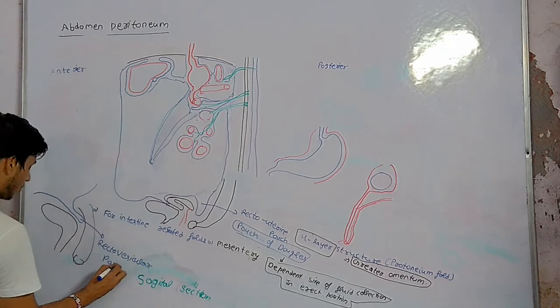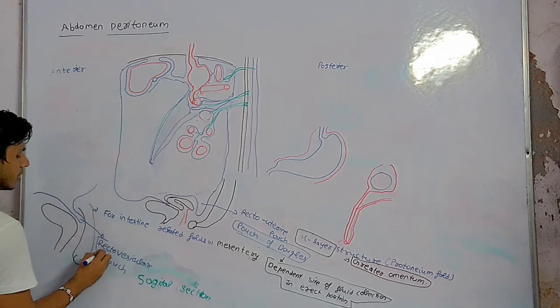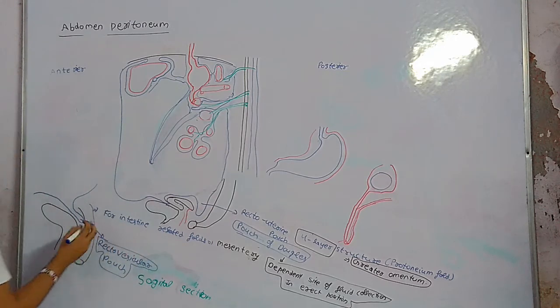In males, this is the dependent site for fluid collection in the erect position. It is the only pouch in males.